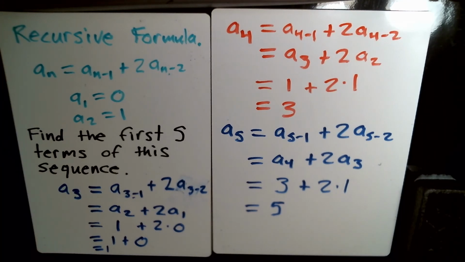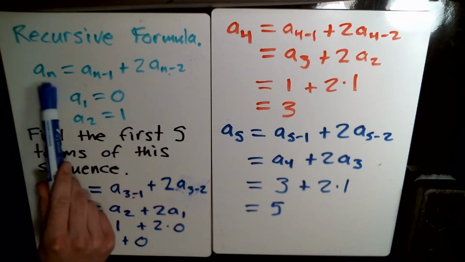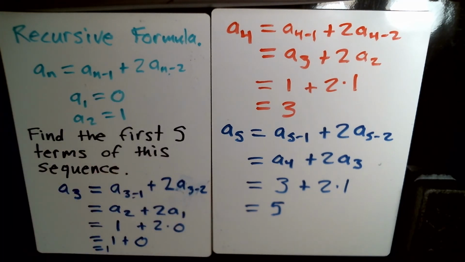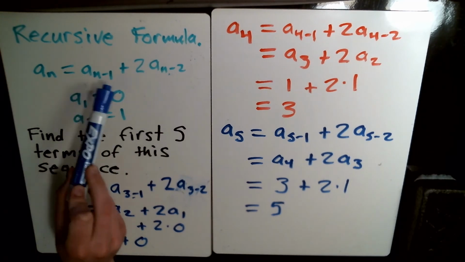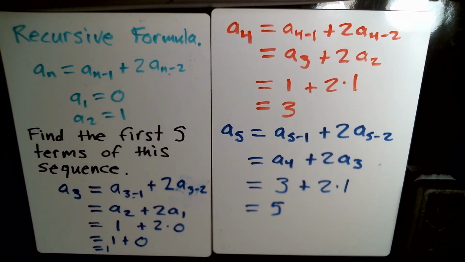So this is a different way of writing your equation for your sequence. It's called recursive because it's using previous terms in the sequence to define the next terms in the sequence. Notice you have to go back and look at what you got beforehand to be able to get the other terms of the sequence.